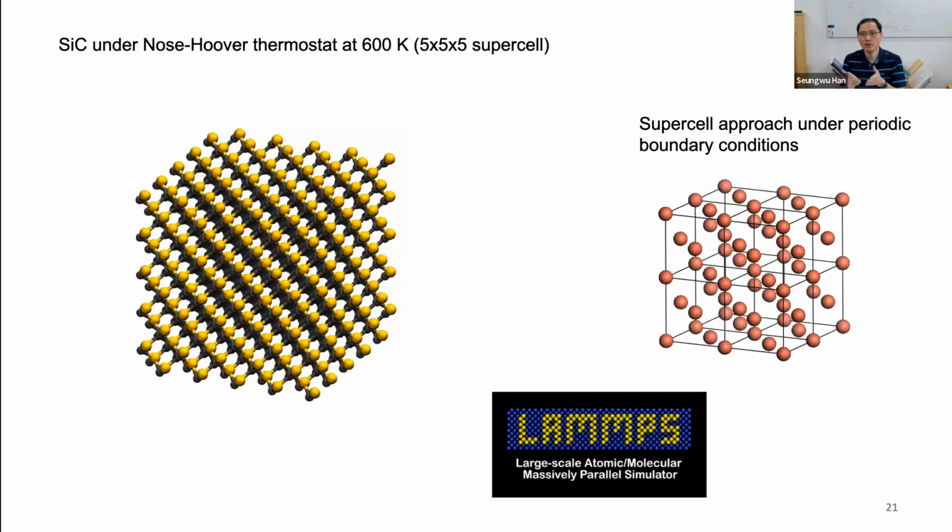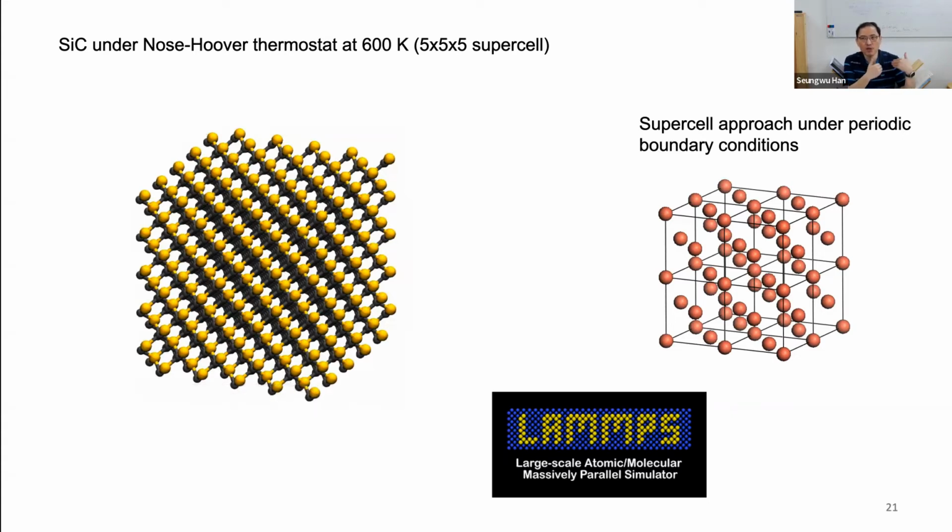So then I will show you an example of the classical MD simulation. This is silicon carbide. We also have a thermostat and carried out the simulation at 600 Kelvin. So this is the system that we are simulating, but this is not an isolated one.